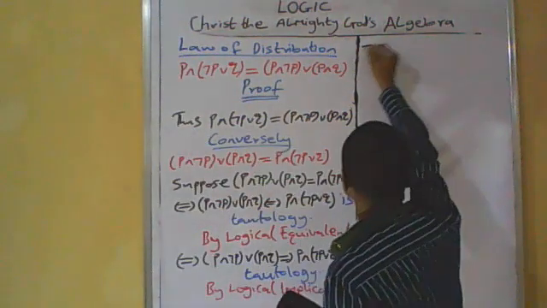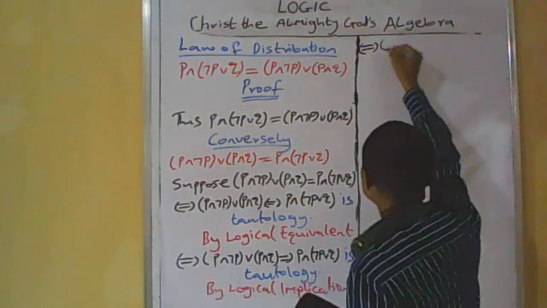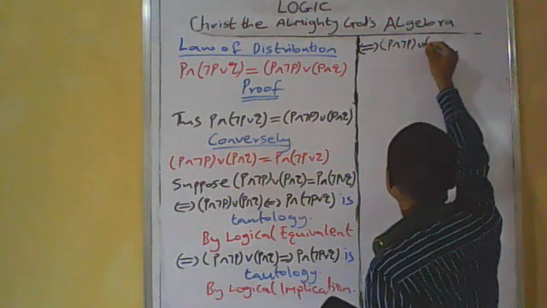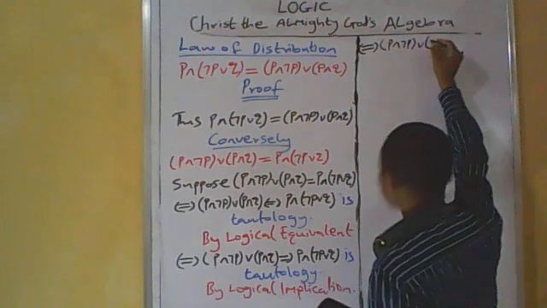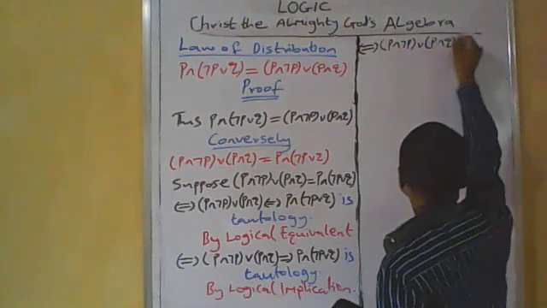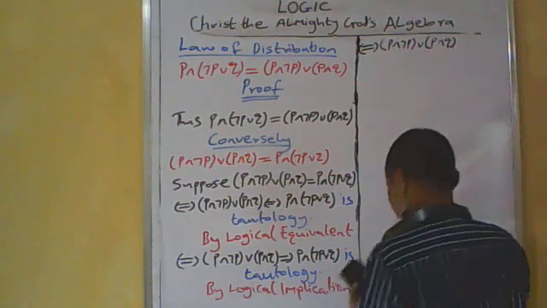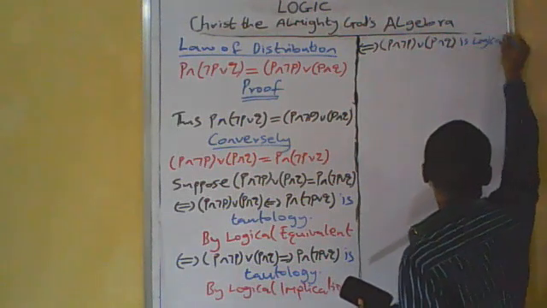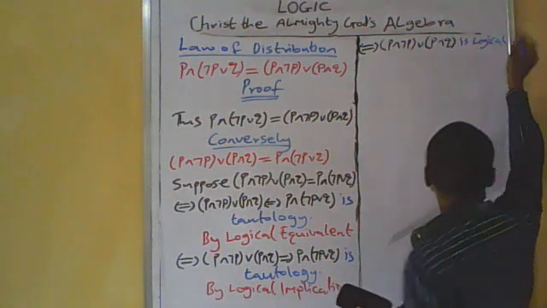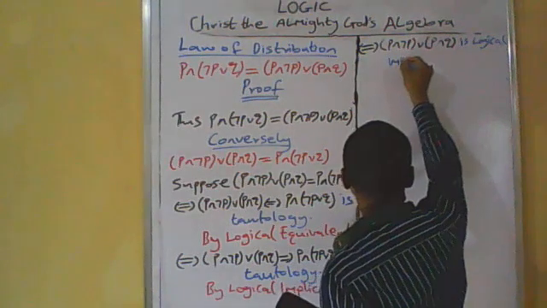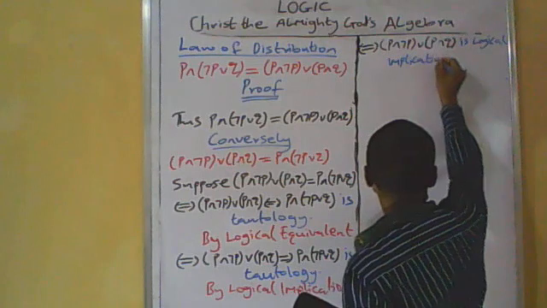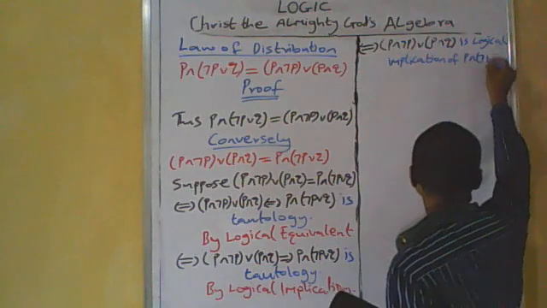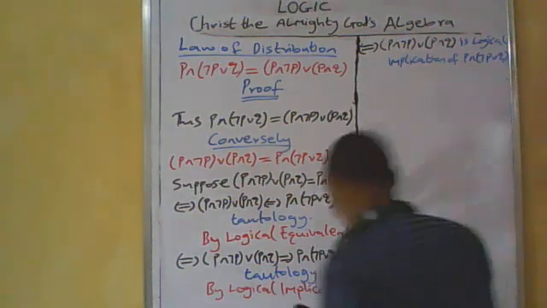So (P and not P) or (P and Q) is a logical implication of P and (not P or Q).